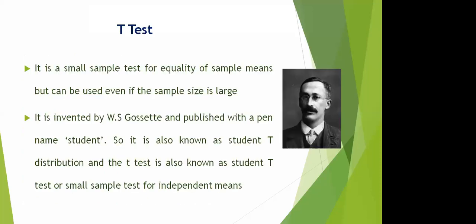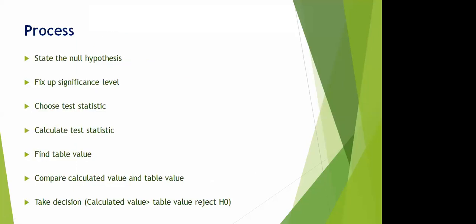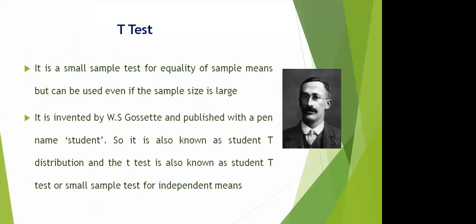And next, first we are discussing the independent t-test. What are the types of t-test we use in statistical tests? That is what we are discussing today. The t-test is a simple small sample test for equality of sample means, but we can use it even with larger sample sizes, because before we were using Z for large sample data.